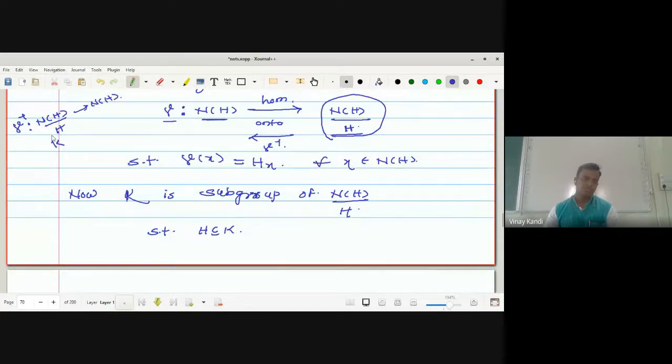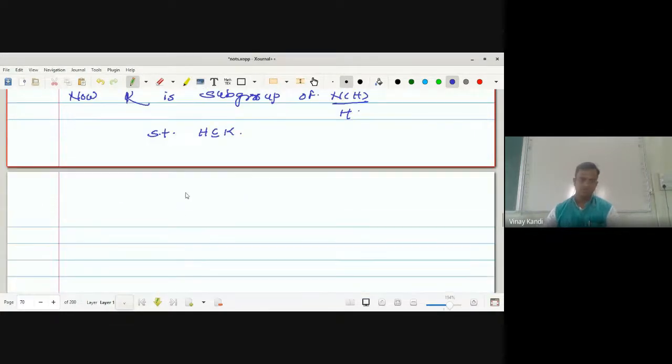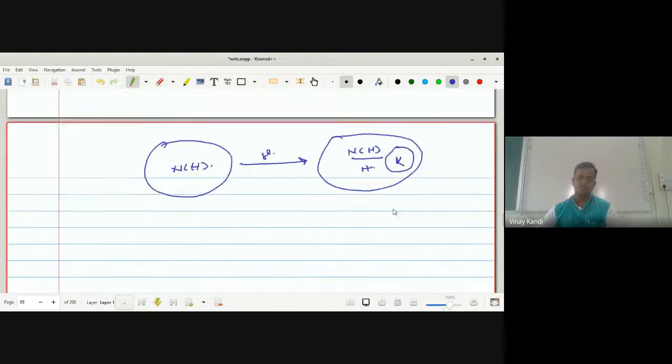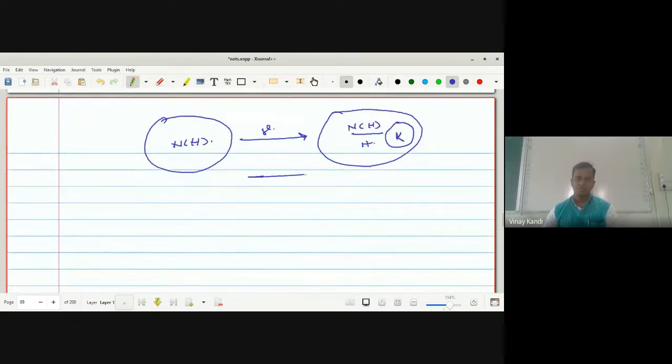Okay, K is a subgroup of what? Of this. Okay, look at here. This is normalizer of H. If we draw a diagram it will be understood properly. Okay, normalizer of H. This is the sigma. Okay, and this one is N of H upon H. And this K is a subgroup of this. Okay, now where does sigma inverse go? From here to here. Okay, from codomain to domain.